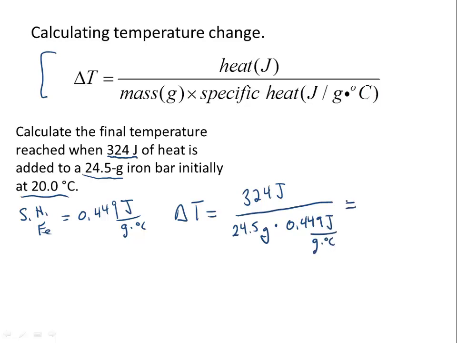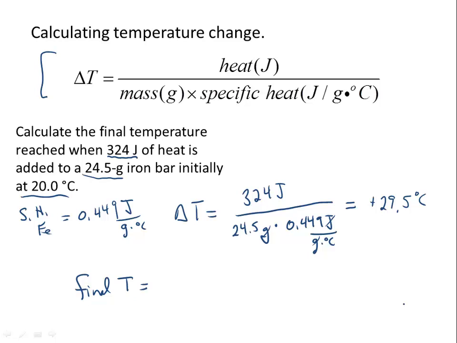And if you calculate that out, notice that joules cancel, grams cancel, and you're left with degrees Celsius. So 324 divided by 24.5 equals that, divided by 0.449. Our change in temperature is plus 29.5 degrees Celsius.